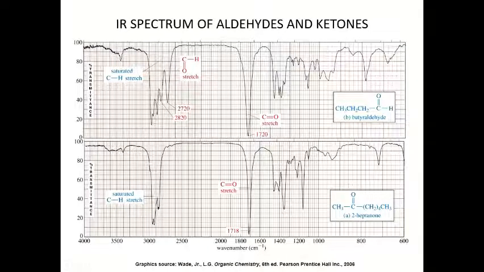As you can see here, this is butyraldehyde, right? And these are the signals that are due to the saturated CH stretching, and also the CH stretch over here, this CH stretch over here, right?